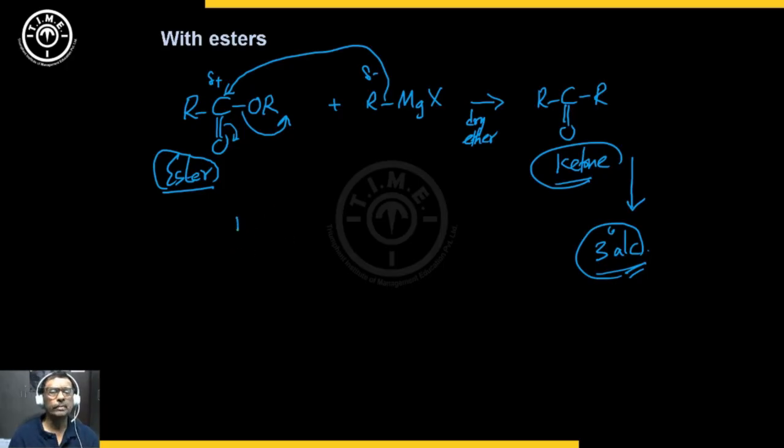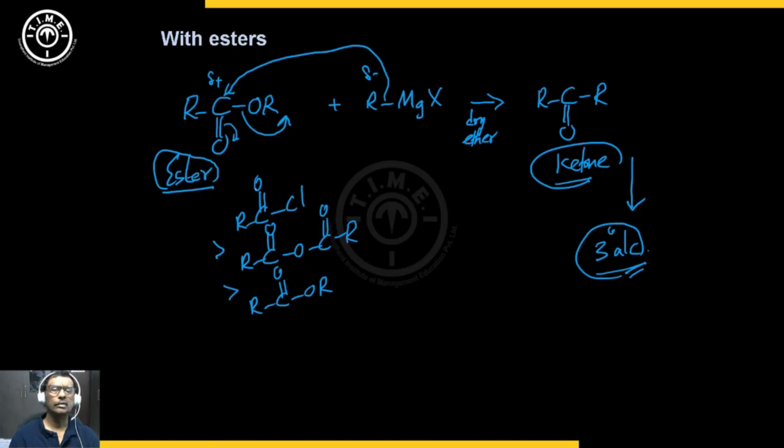Now, as I mentioned, RCOCl, it is good to note here itself, RCOOCOR, anhydride, and then RCOOR, that is what we did now, ester. These are all in this order. That is, the Cl can be easily removed, followed by this OCOR, followed by this OR.